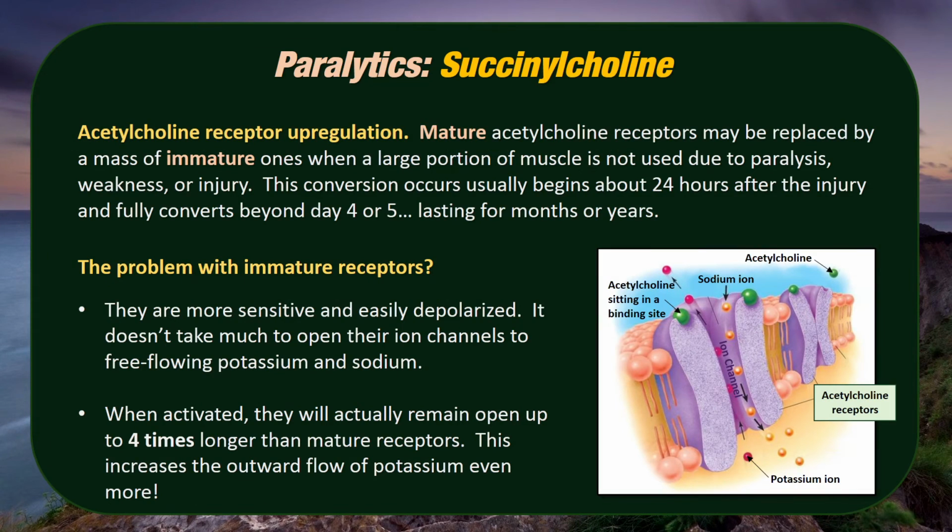One of the effects that succinylcholine may have is that the mature acetylcholine receptors sometimes may be replaced by immature ones. When a large portion of these muscles are not used to paralyzation, they'll cause weakness and injury. This sometimes can last, beginning at about 24 hours after and fully convert beyond the 4th and 5th day, lasting months and years sometimes, to have these immature receptors.